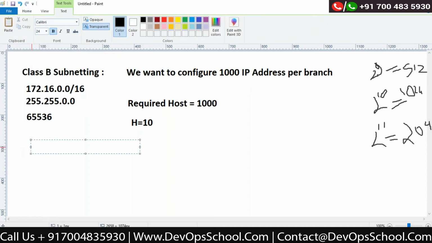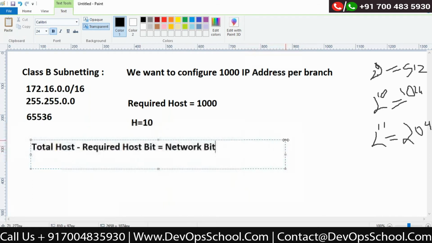The second thing is how to calculate the network bits. Total host bits minus how much we require is equal to the additional network bits. Total host bits we have is 16, and out of that I require only 10.